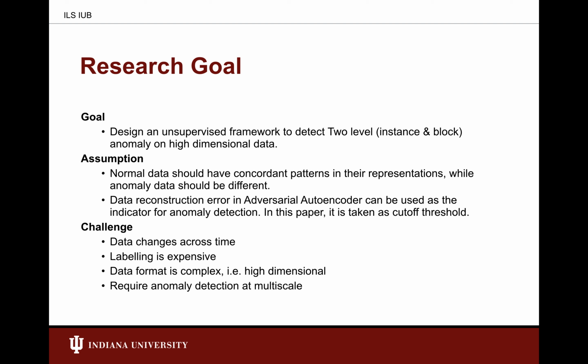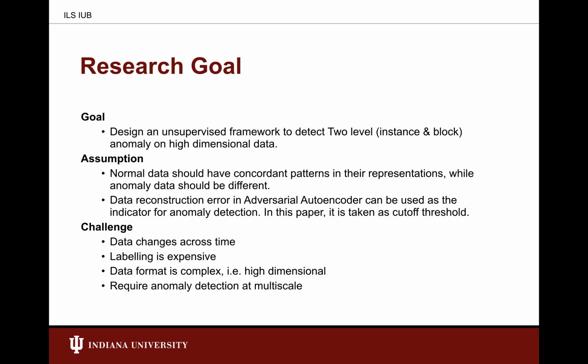It can be taken as a cutoff threshold. If the reconstruction error of instances or blocks is over a threshold, they will be taken as anomalies. Otherwise, they will be regarded as normal data.